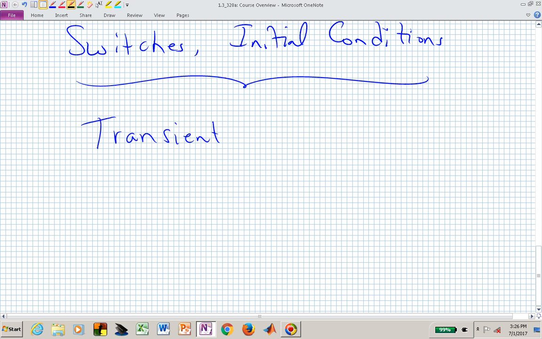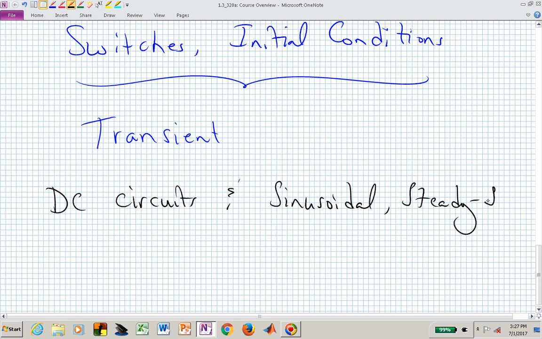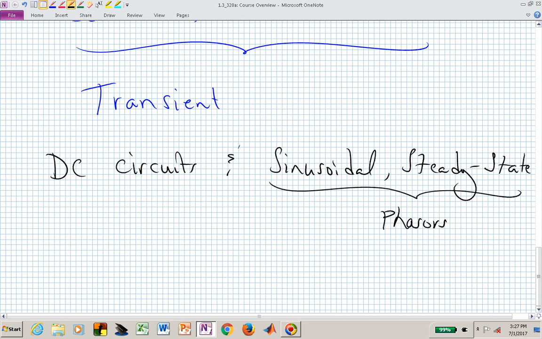Now that we want to talk about transients, or to consider DC circuits and sinusoidal steady state, or to encompass those all with the same analysis techniques, what we want to do, so this was phasors, which was a generalization of the DC circuit analysis, is generalize that even further to allow us to treat transients and initial conditions together.